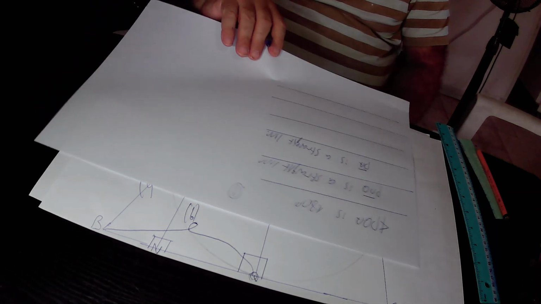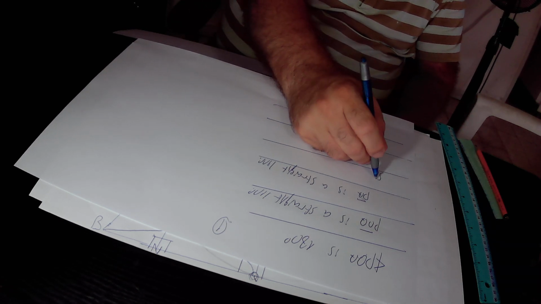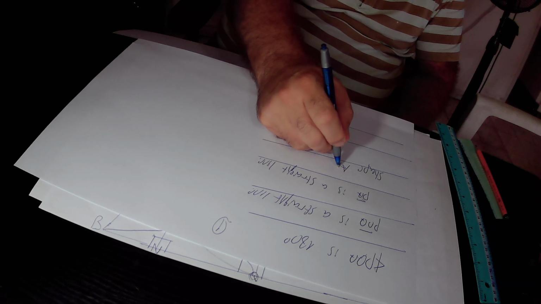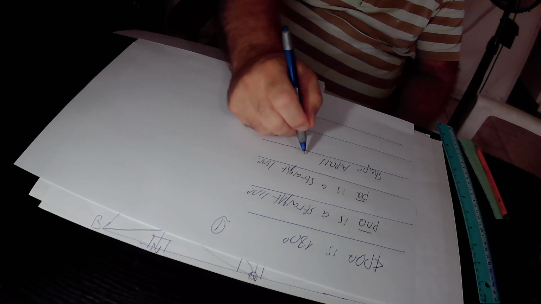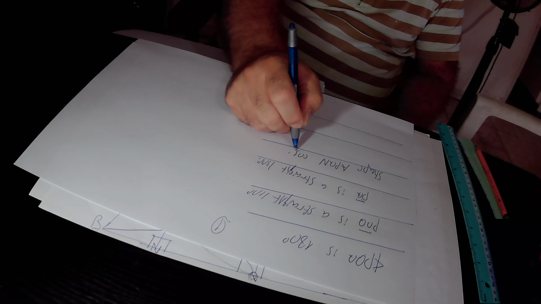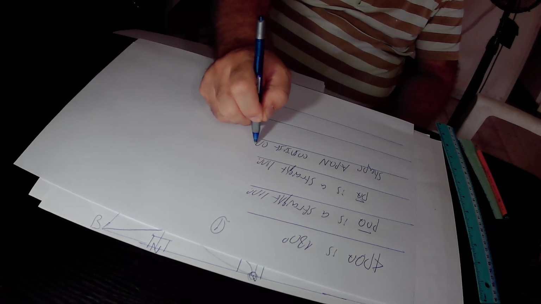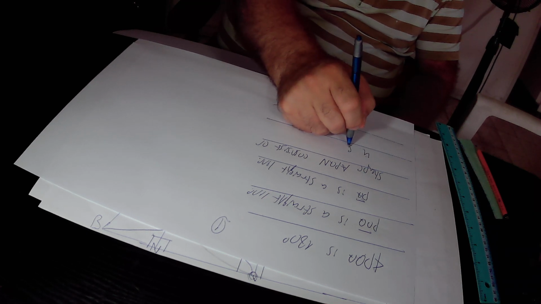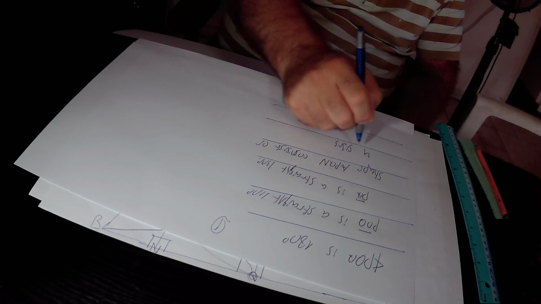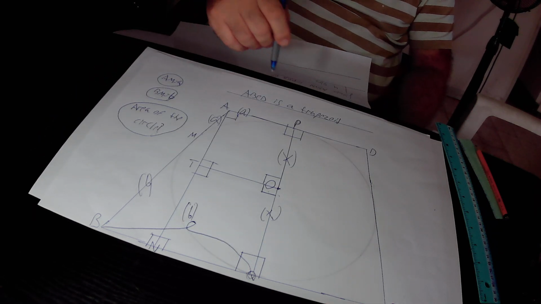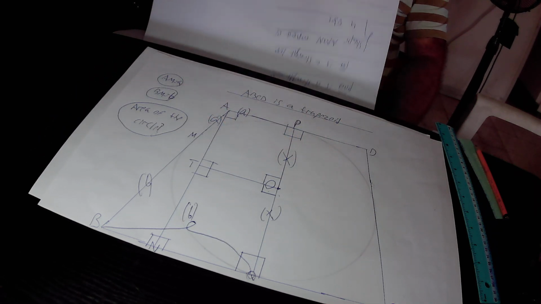So write it down. Shape APQN consists of 4 sides, and therefore shape APQN is a quadrilateral.